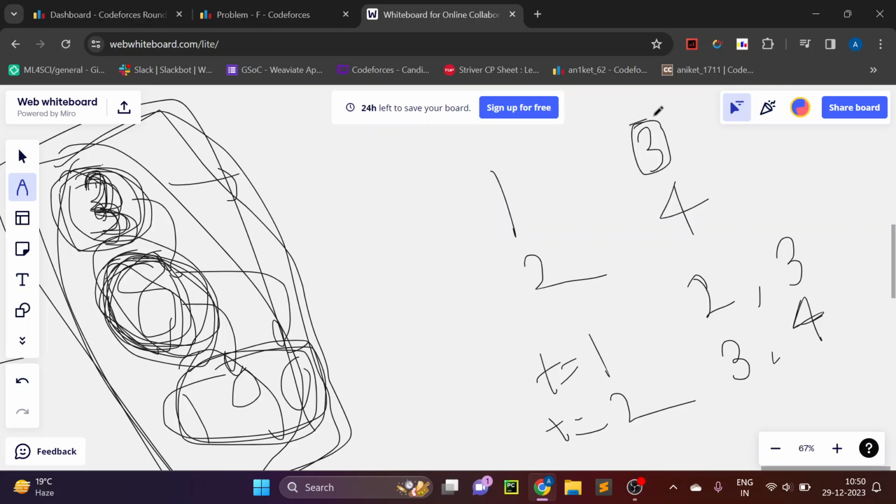Now the greeting will only happen at the final point of first person, but when first person himself reaches his ending point, second person has already crossed the ending point of first person, because the time taken for first person to reach 3 is 3 minus 1, which is 2, and the time taken by second person to reach position 3 is less than 2.